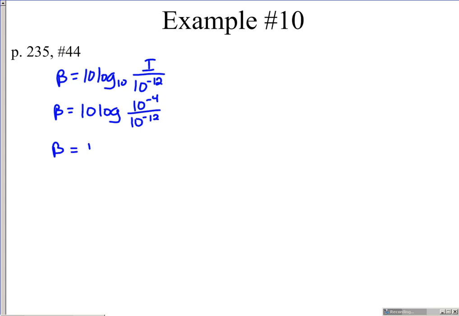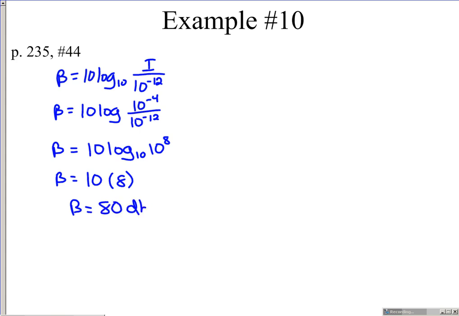Let's figure this out without using our calculators here and using what we know about exponents and logarithms. 10 to the negative 4th over 10 to the negative 12th. If I move that 10 to the negative 12th up to the numerator, add those exponents, we get 10 to the 8th. Use your property of logarithms. Log base 10 of 10 to the 8th is just equal to 8. So we have 80 decibels for that sound intensity of 10 to the negative 4th.